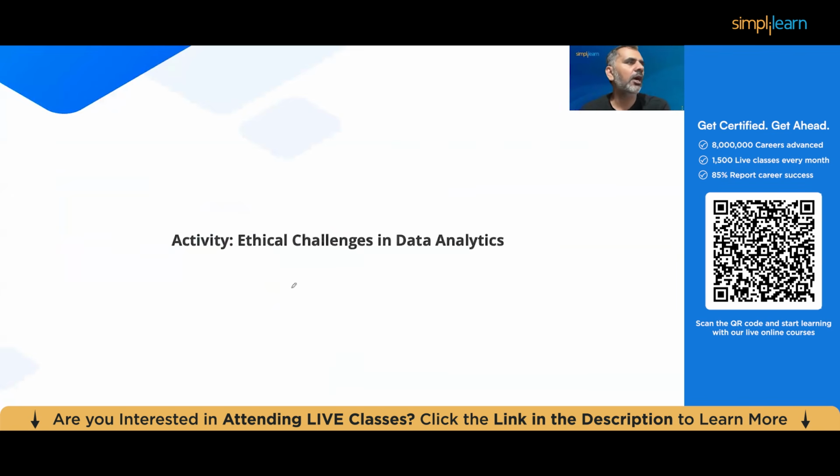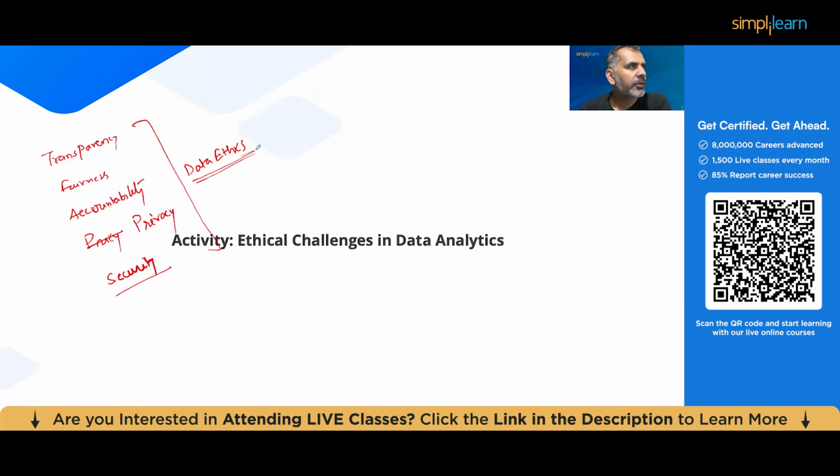Now let's talk about ethical challenges in data analytics. So we have seen what the common key principles are. The common key principles are transparency, fairness, accountability, and privacy. And when you introduce these data ethics into data analytics, you talk about three major things.